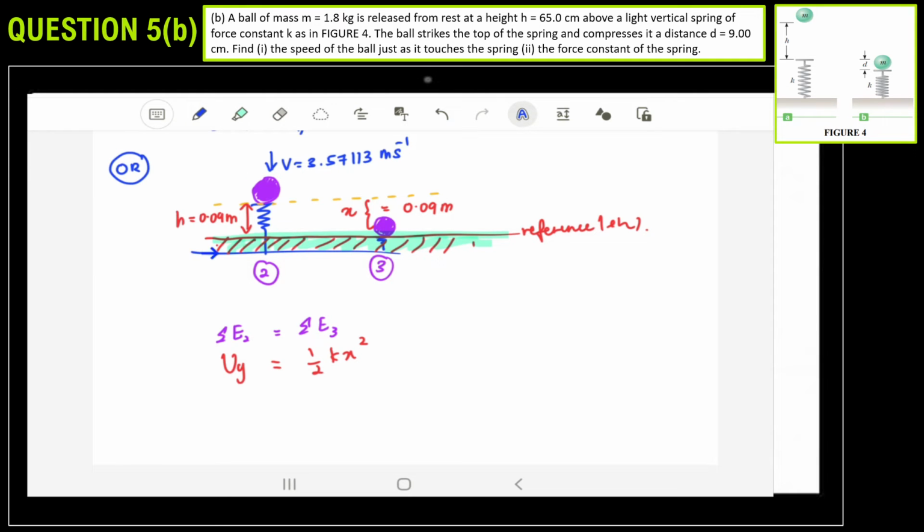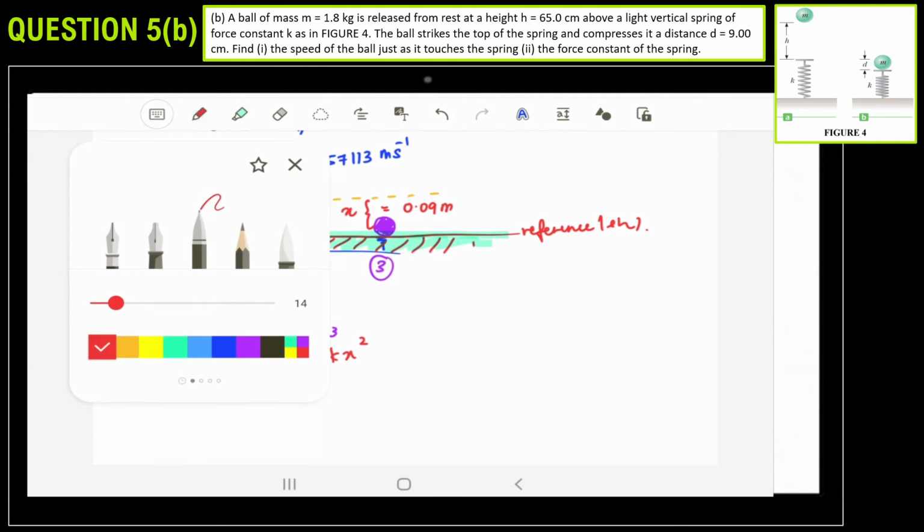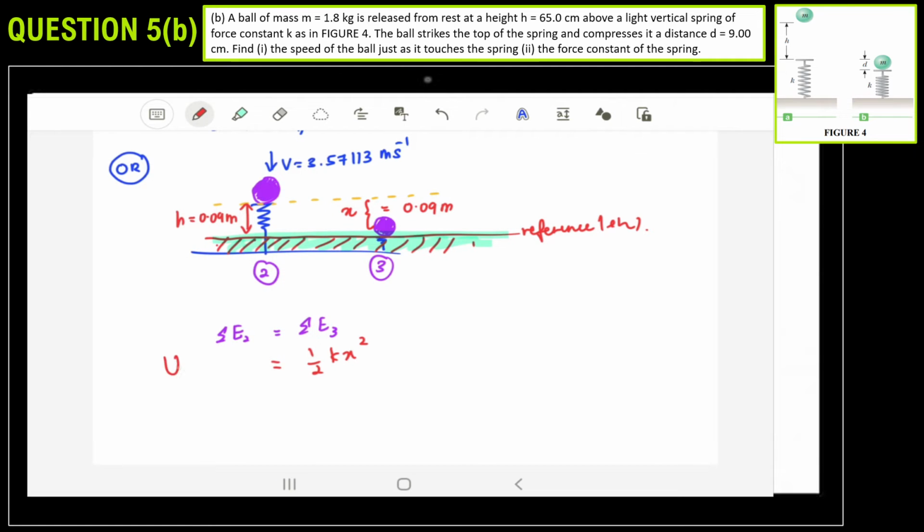In the second stage here, we have the potential energy sebab ada height, and then the object is moving, so there is a kinetic energy. Okay, so we can erase this. Okay, so we have UG plus kinetic energy, and we write mgh plus half mv squared equal to half kx squared. Okay, saya akan sambung dekat sebelah.